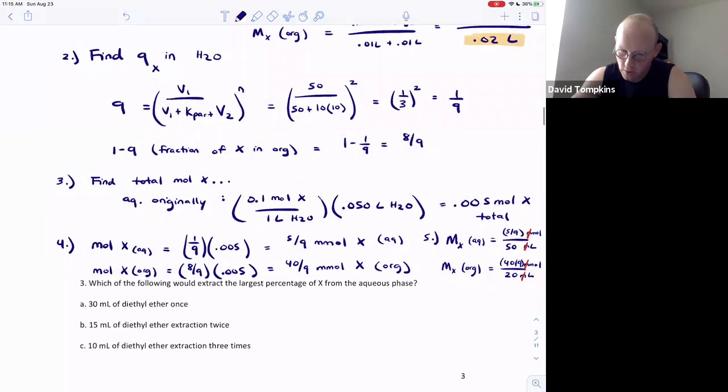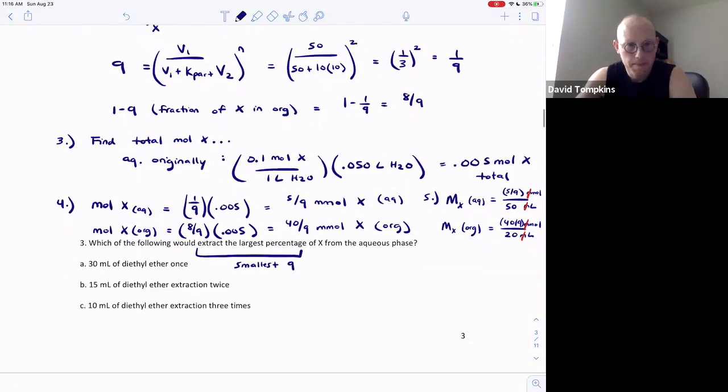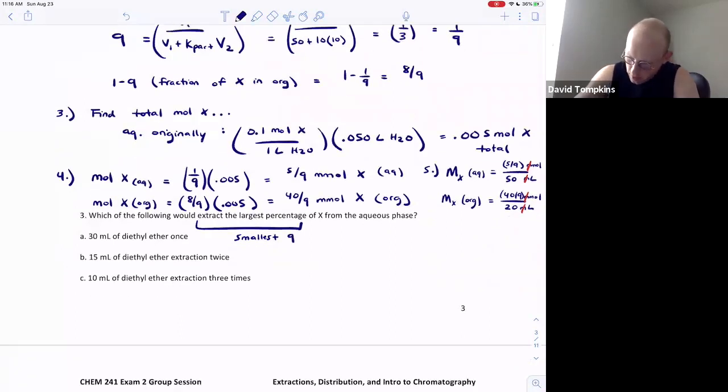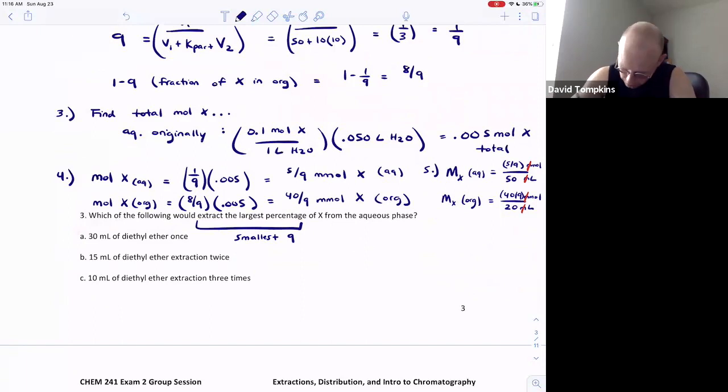So the final question here dealing with extractions is, which of the following would extract the largest percentage, which means we want to have the lowest amount of X remaining, or the smallest Q value. And your options are all using a total of 30 milliliters of diethyl ether.